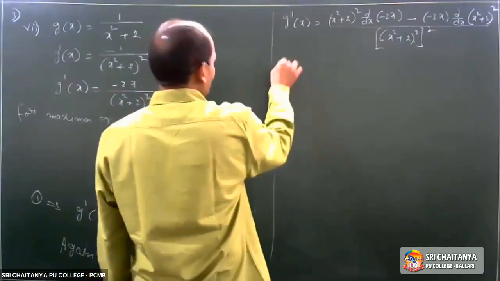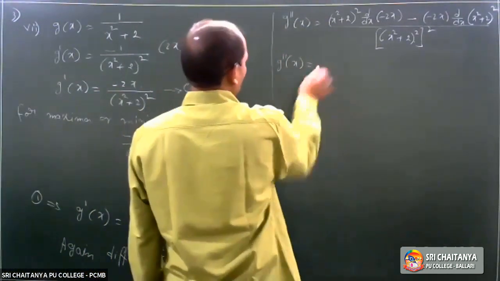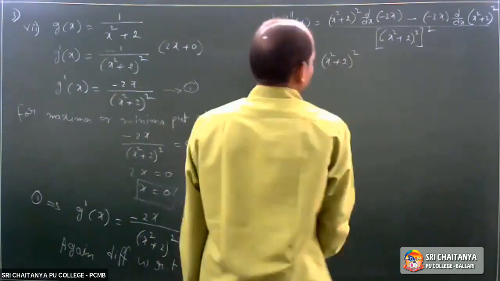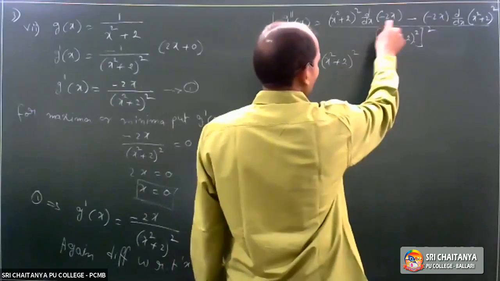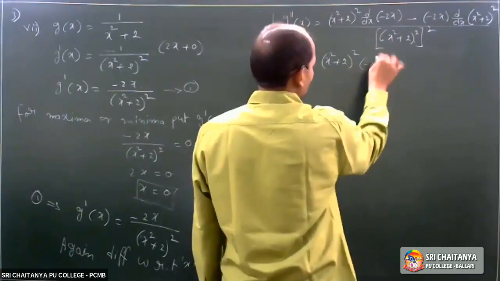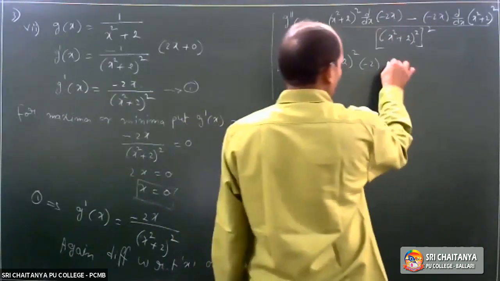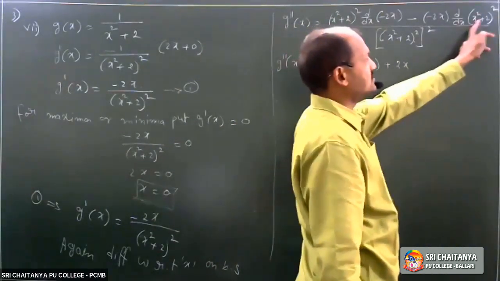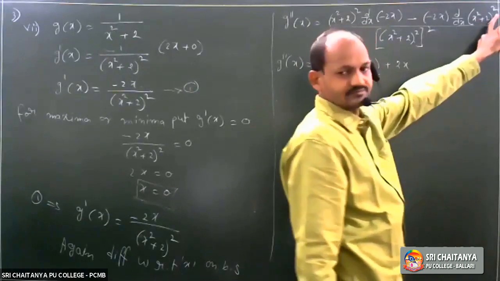So g double dash of x is equal to (x square plus 2) whole square into derivative of minus 2x, that is minus 2, plus 2x into derivative of (x square plus 2) whole square.